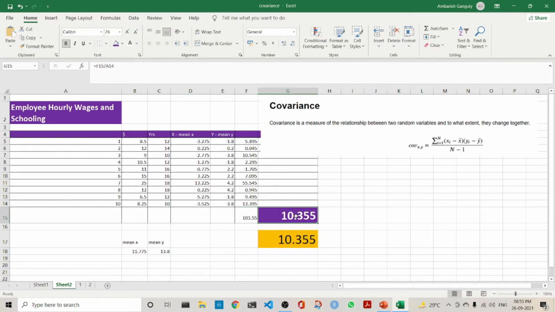So that becomes 10.355. This is a very long-winded way of doing it from the formula, but we can just use the covariance formula from Excel, COVARIANCE.P, which stands for the population, and pass in these two arrays and we get the same result.